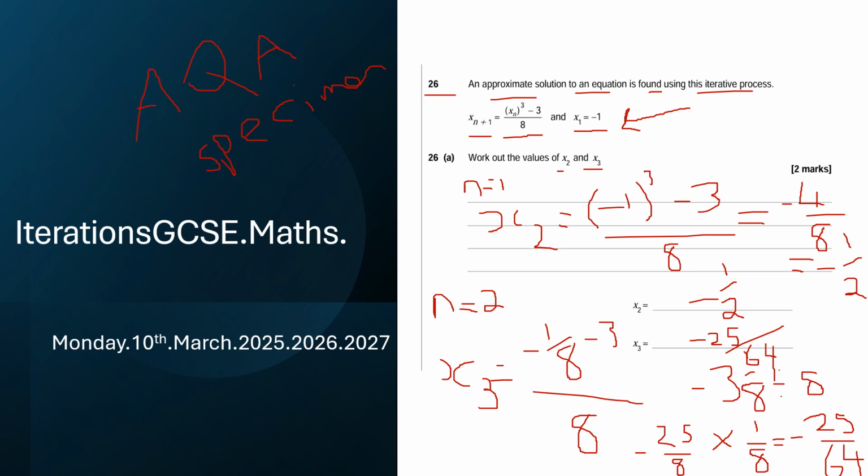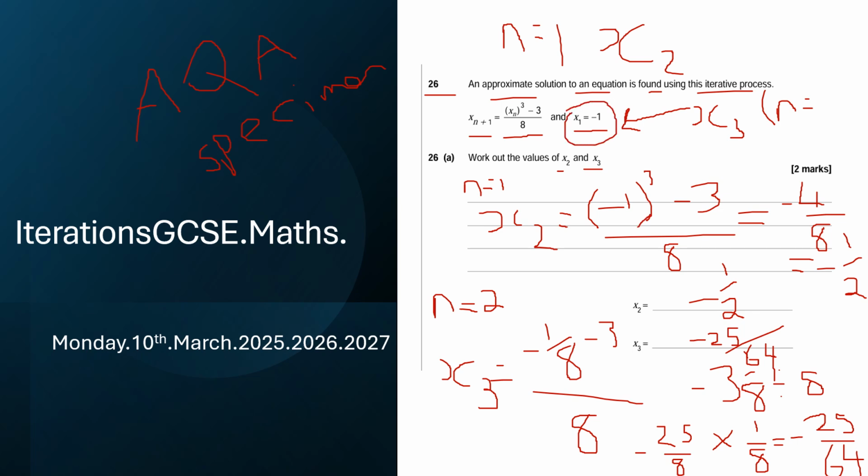Essentially, to work out the next term, n equals 1 gives us the x2 value, and n equals 2 gives us our x3 value. When you plug in for x2, x2 equals x1 cubed, subtract 3, all over 8, where x1 is equal to -1, our starting or initial condition.